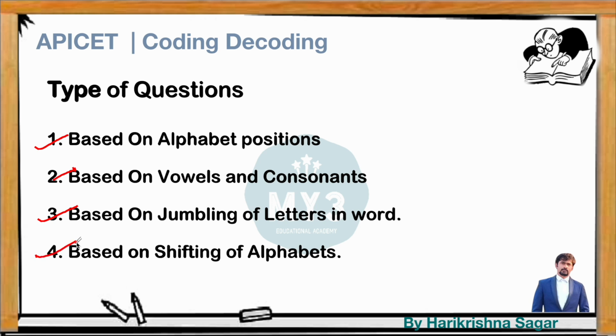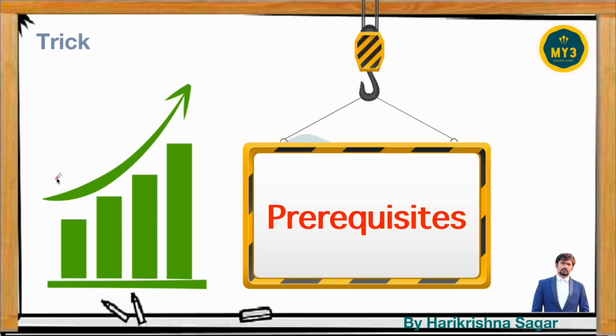We'll try to understand what these types are, how the questions are given, and how we can solve them. All of you be ready with pen and paper. While I am solving, I will give the tricks and techniques to solve the other previous questions, so you can solve them and parallelly comment. Okay, let's start with the discussion.